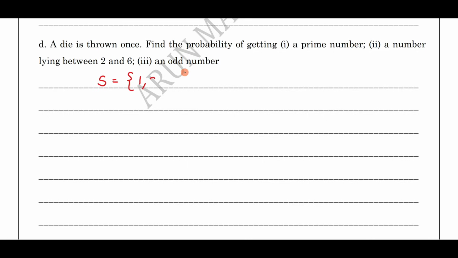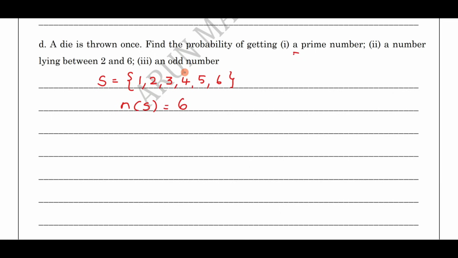You get 1 or 2 or 3 or 4 or 5 or 6. Is there any other number you get when you throw a die? No, you get only 1 to 6. So what is n of S? You have 6 possibilities. That is n of S is 6.